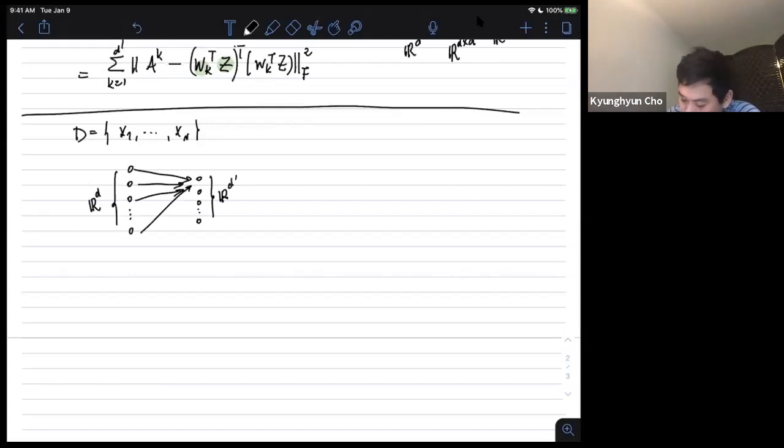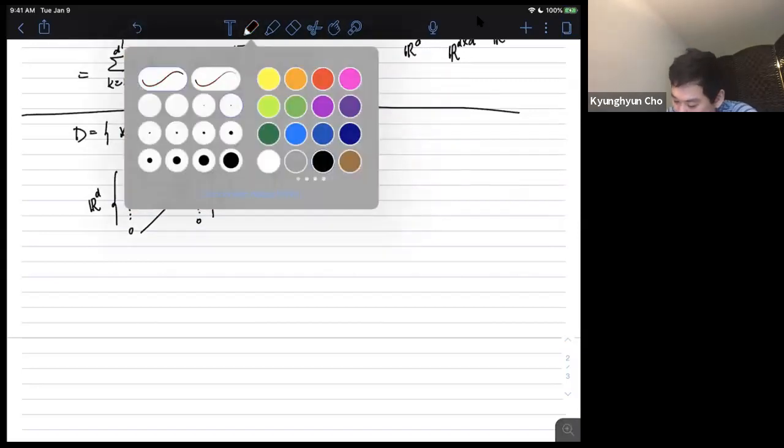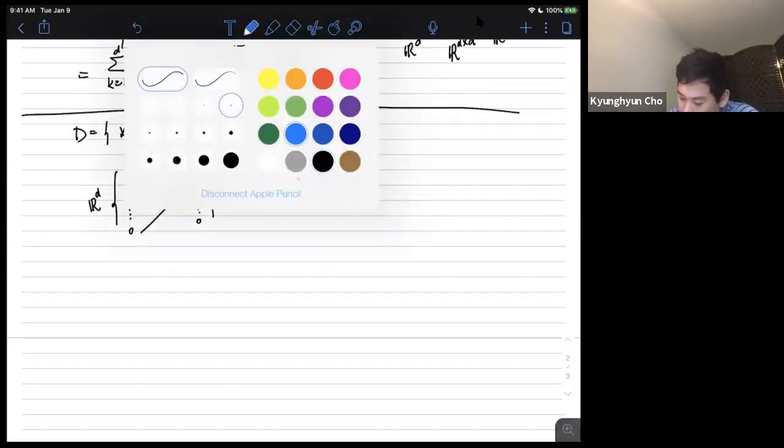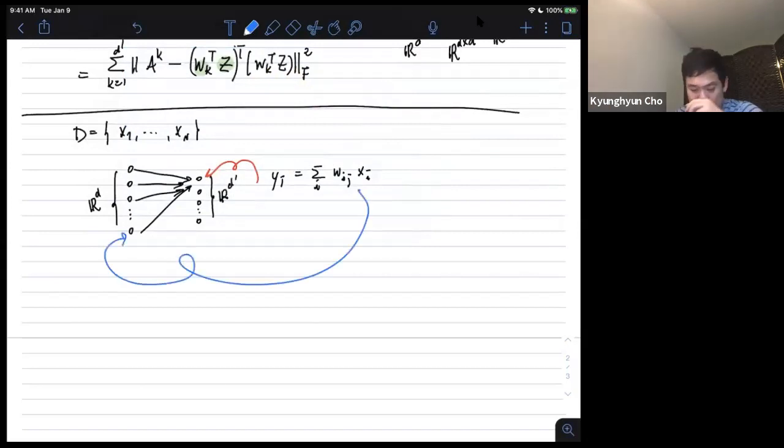So let's write it down once more in an equation. If I wanted to compute the value of the jth dimension of the output, then this could be written down as the sum over i, where i corresponds to the input dimensions, of Wij times xi, where xi corresponds to each dimension of the input.